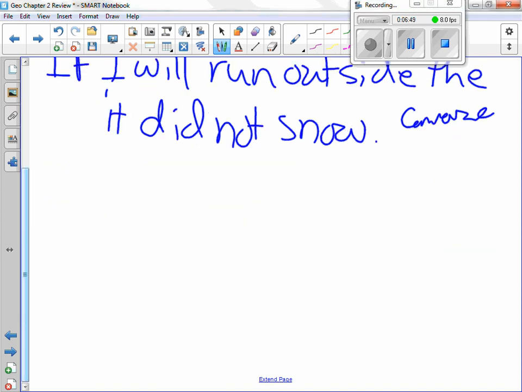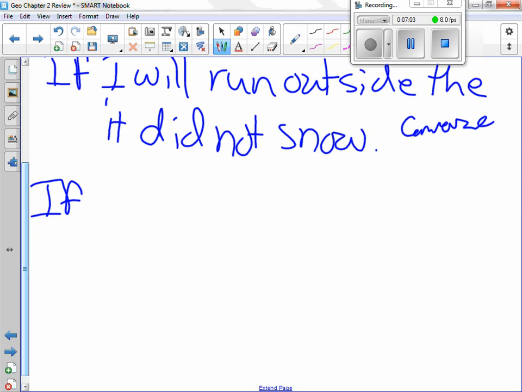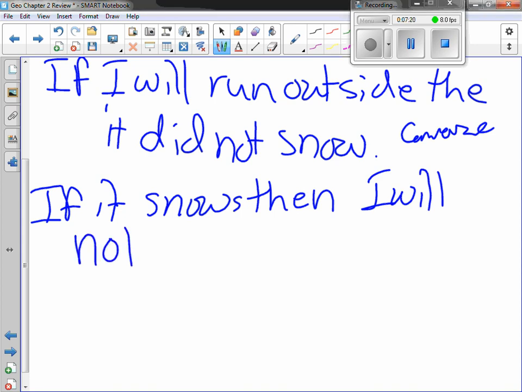and then we have our inverse. Our inverse is, if not P, then not Q. So our P statement was, if it does not snow. The inverse of that is, if it snows, then I will not run outside.